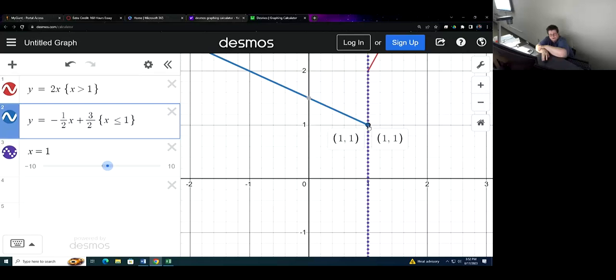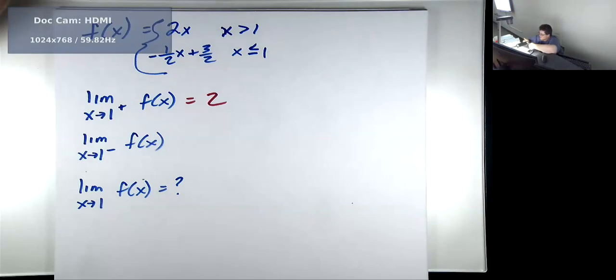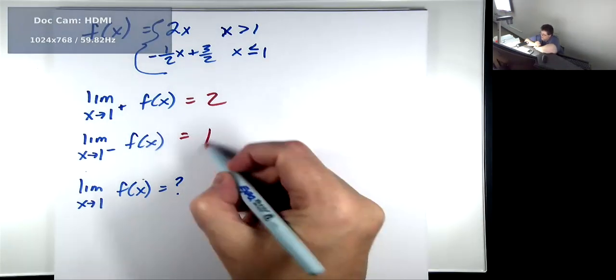I go a little bit further to the right. If I do 0.99 and plug it into negative 1/2 x plus 3/2, I'm going to get 1.005. As I get closer and closer to x equals 1, those y values keep decreasing down to 1. So my limit from the left is 1.